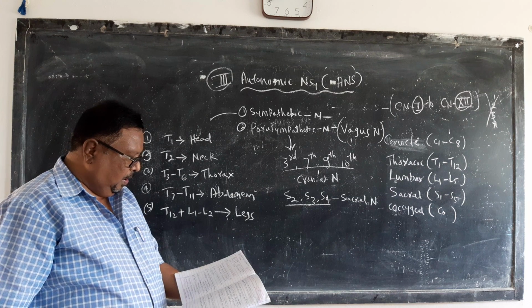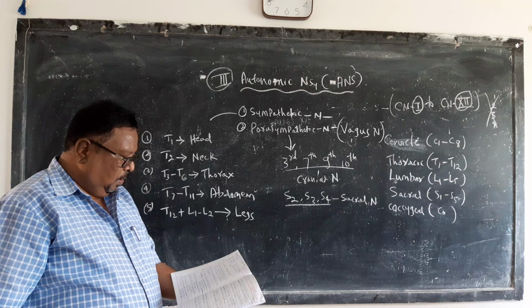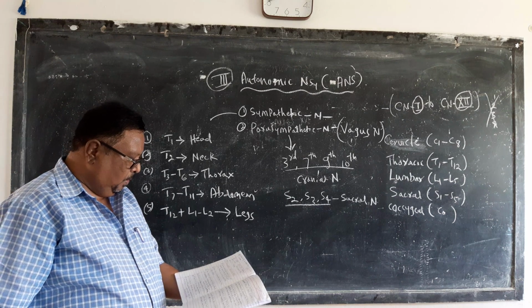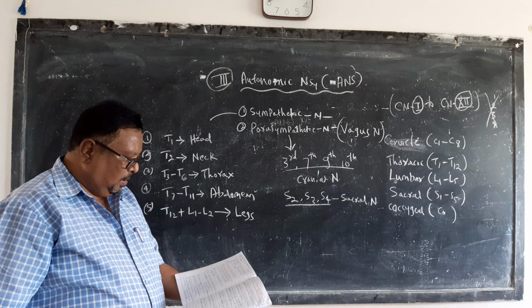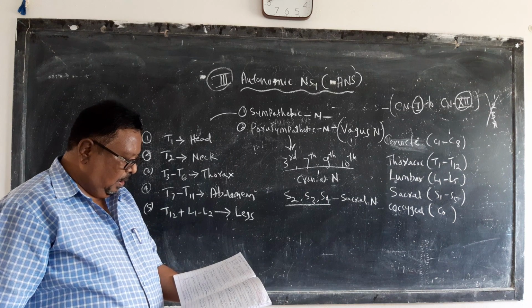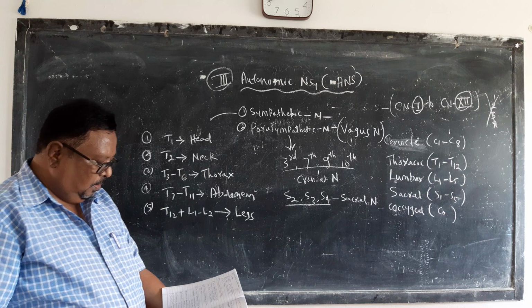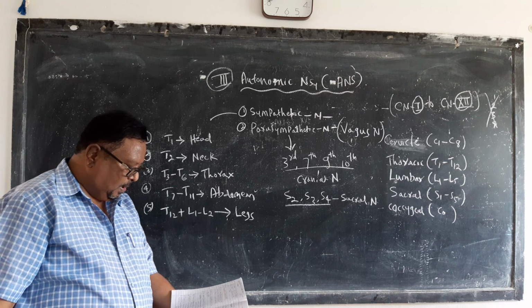The 3rd cranial nerve supplies the sphincter pupillae and ciliary muscles of the eye. The 7th cranial nerve supplies lacrimal, nasal, submandibular and sublingual glands. The 9th cranial nerve supplies the parotid glands.